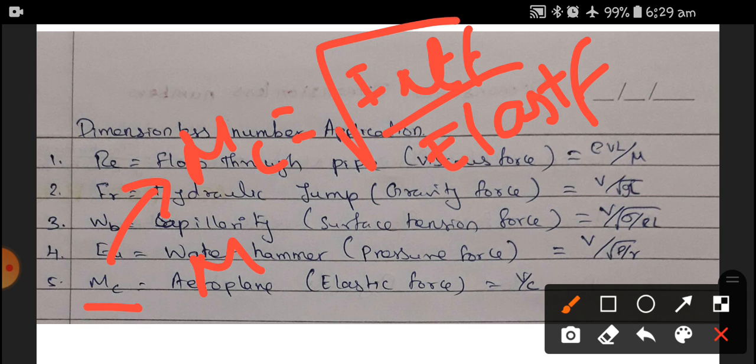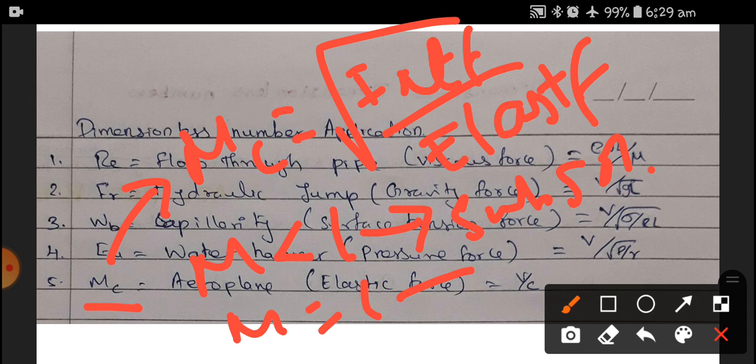If the Mach number is less than 1, it is called subsonic flow. If the Mach number is equal to 1, that is called sonic flow. If the Mach number is from 1 to 3, it is called supersonic flow. Like that, 3 to 5 is called hypersonic flow.